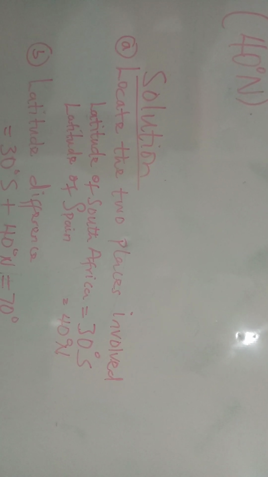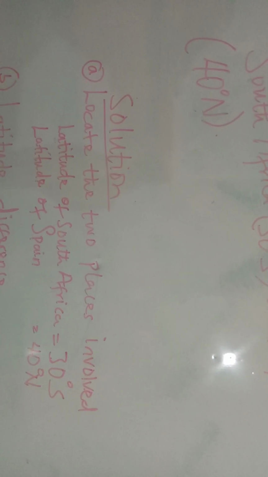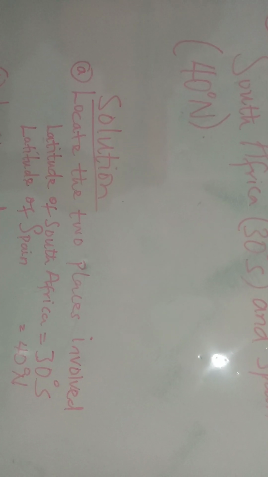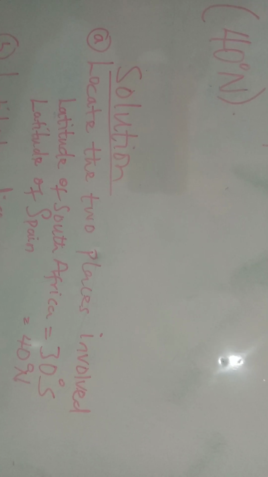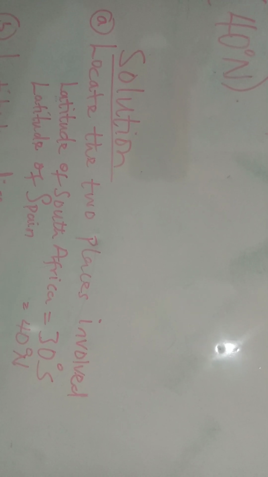It says, locate the two places involved, like we did the other time. The latitude of South Africa is 30 degrees south. The latitude of Spain is 40 degrees north. I've now located the two places.